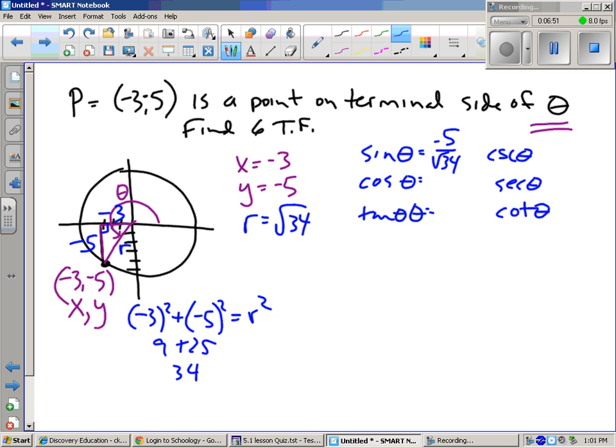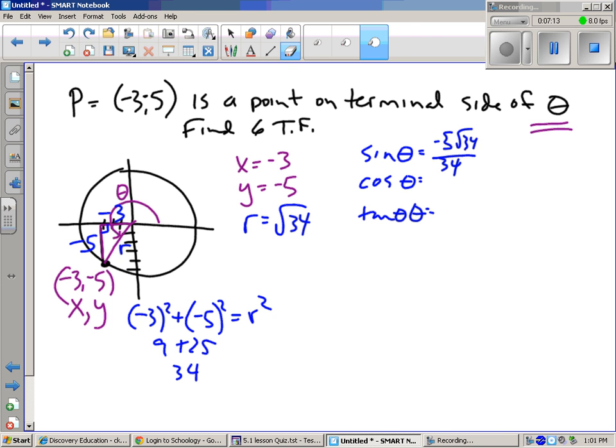Now you got to get the radical out of the bottom. So that's going to become -5 root 34 over 34. All right, then cosine. Tell you what I'm going to do. I'm going to erase those so I have more room here.